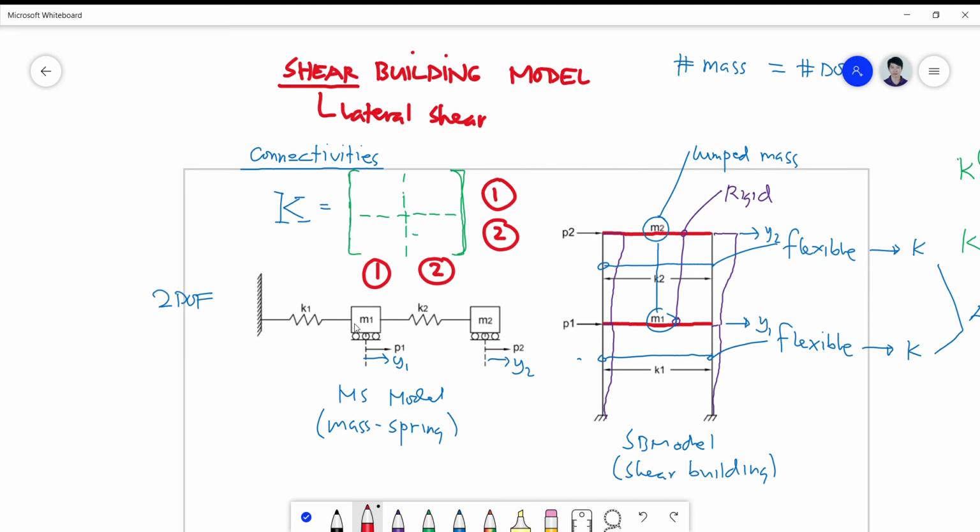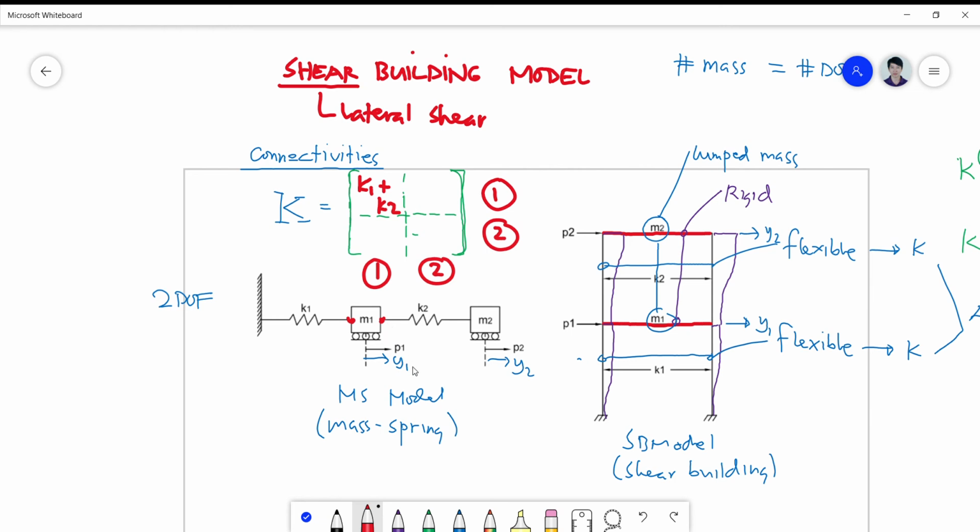So the connectivity of your coordinate 1, or simply your mass 1, if you like to term it as your mass 1, is actually the sum of this individual stiffness of K1 and K2, because these are connected. So it's additive always. Okay, so this becomes K1 plus K2 in 1, 1.